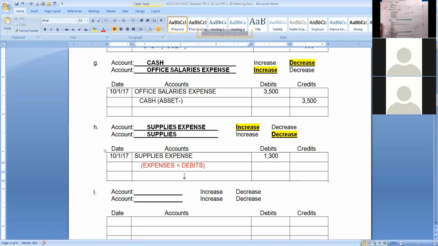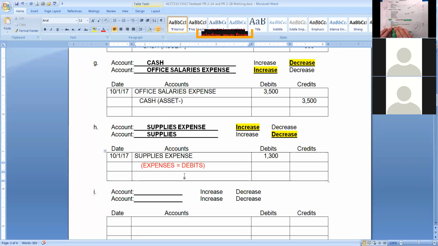We'll go down here. So supplies, it's an asset. And it's going down. It's not cash going down. We're not paying cash out, but supplies are going out the door.